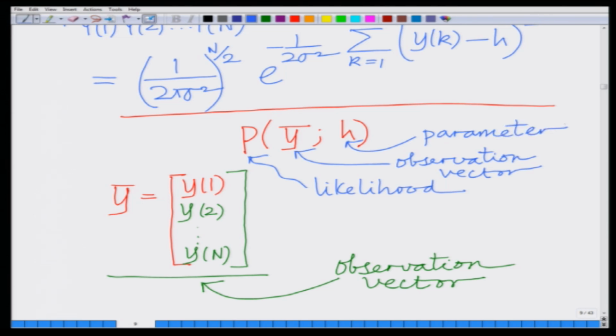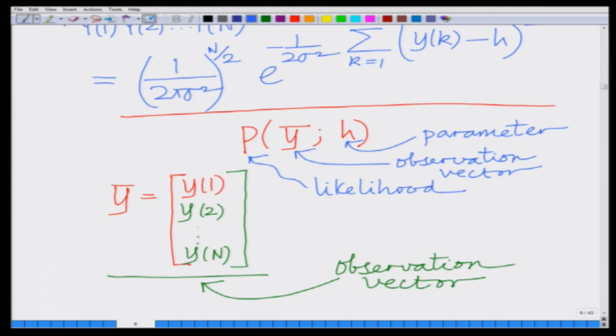The terminology that is used is P, that is we have this observation vector y bar which is of length n, which contains observations y1, y2 up to yn, and P of y bar semicolon h. Remember, it is not a comma, it is a semicolon, which signifies the likelihood function of the observation vector y bar parameterized by this unknown parameter h.